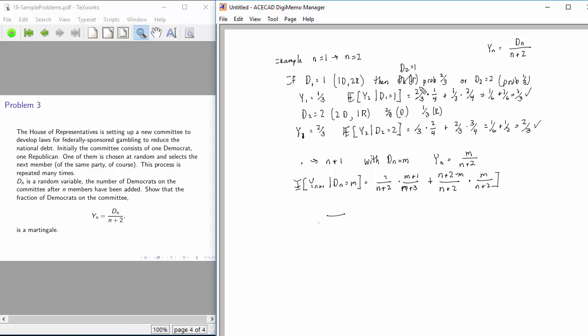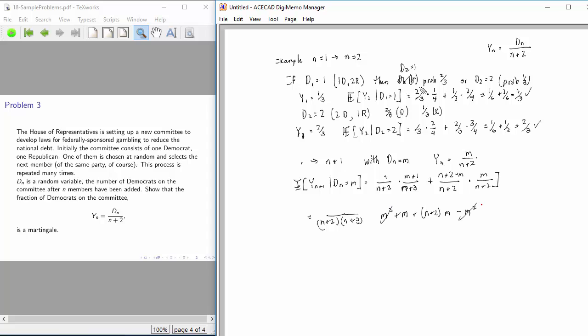So we've got 1 over n plus 2 times n plus 3, multiplied by m times m plus 1 plus n plus 2 times m minus m squared.